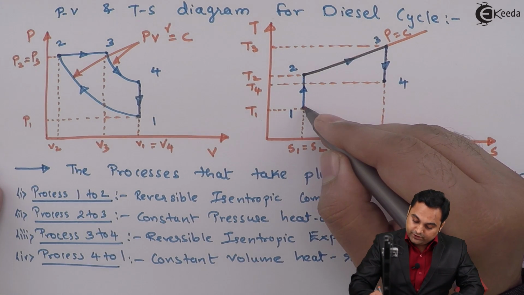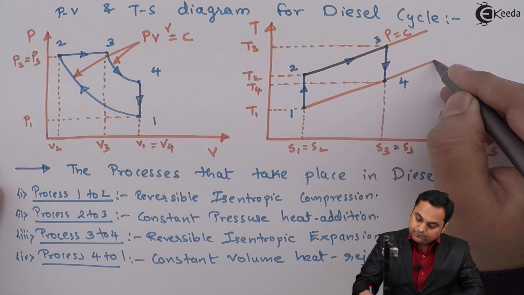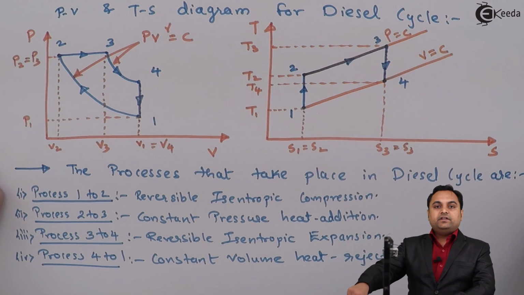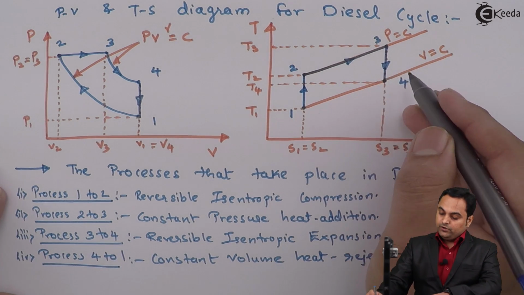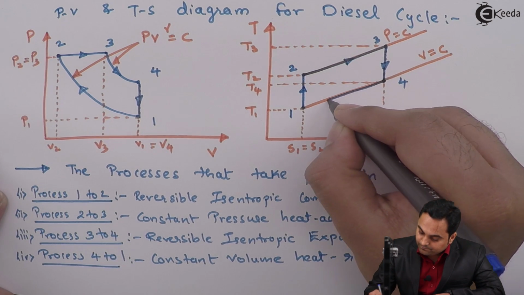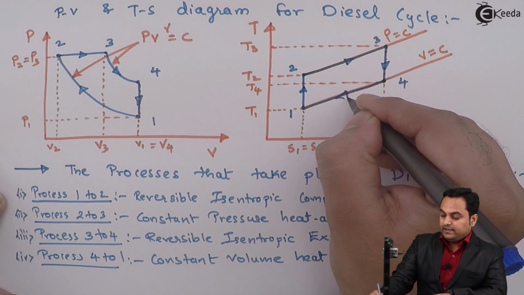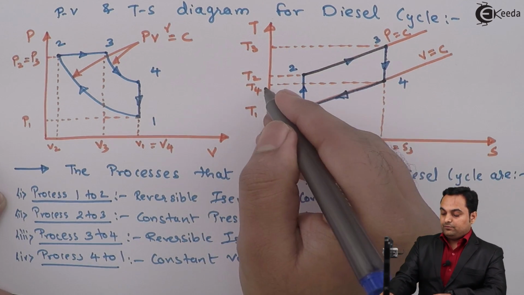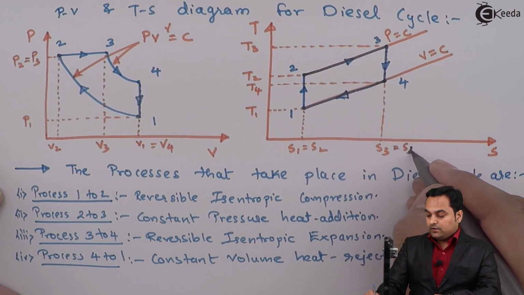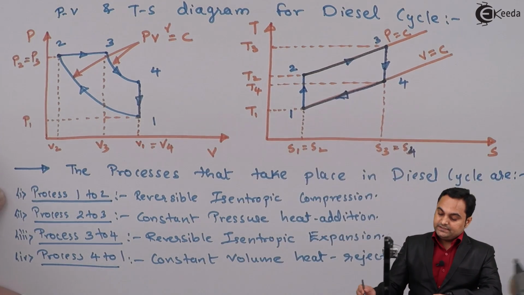So here I am drawing a constant volume line joining 1 and 4. Now this line is having constant volume, and when we are rejecting heat at constant volume, we need to follow this line. Now the heat is being rejected from 4 to 1. As we see, there is drop in temperature from T4 to T1. Even the entropy decreases. So this is the heat rejection process.